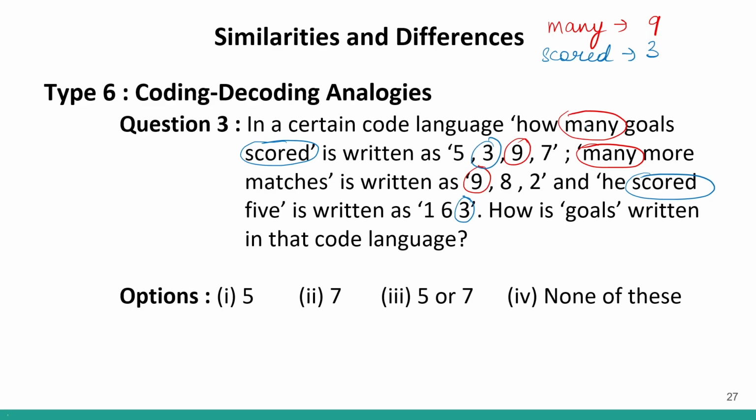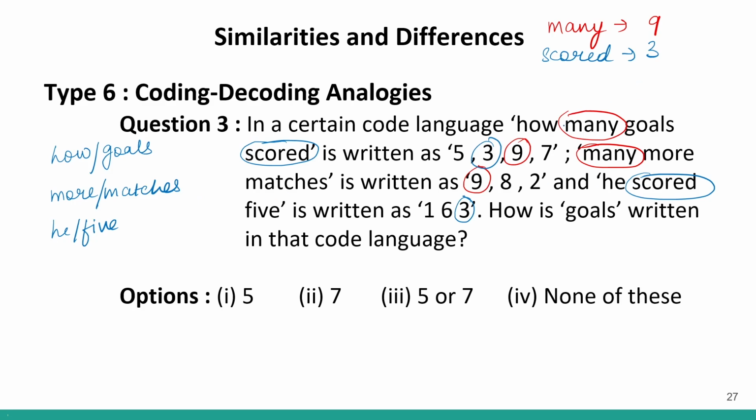Now, we have many more matches, he scored 5 and how many goals. So the remaining words for which we do not know the code are how, goals, then more and matches, then he and 5. We do not have any common words in these sentences to find out the codes of these words. So I can say he scored 5.